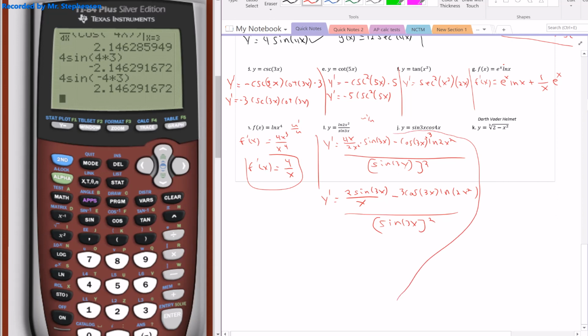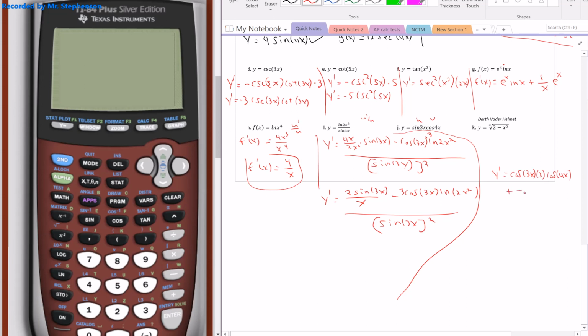So J is a product rule one, derivative of u and v, right? So u prime is cosine 3x times 3, v is cosine 4x, plus derivative of cosine is negative sine 4x times 4 times sine 3x.